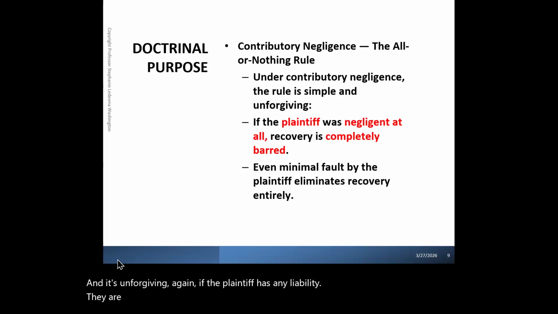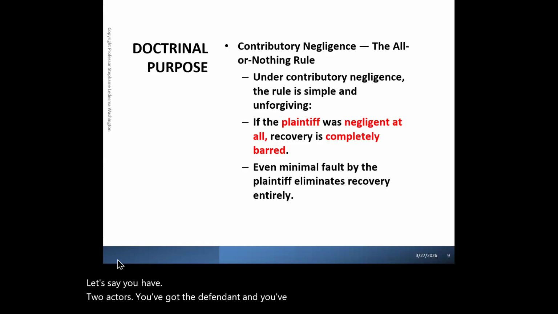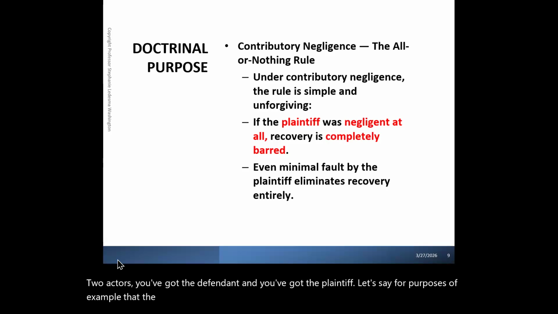I like to give this example, even though it's a bit extreme. Let's say you have two actors, the defendant and the plaintiff. Let's say, for purposes of example, that the defendant is 99% negligently liable and the plaintiff is 1%.